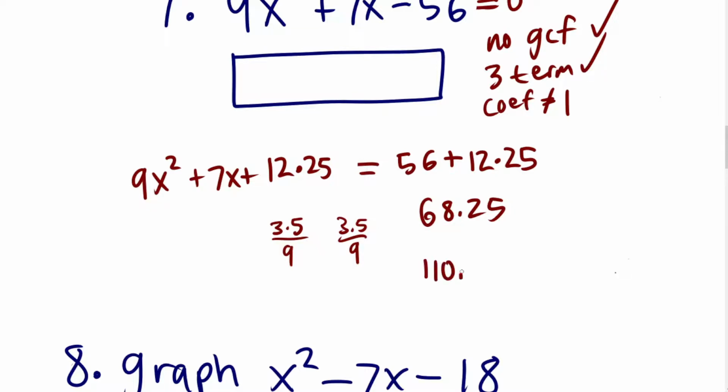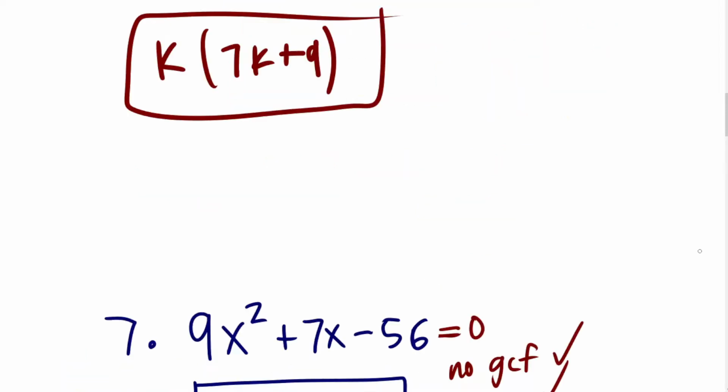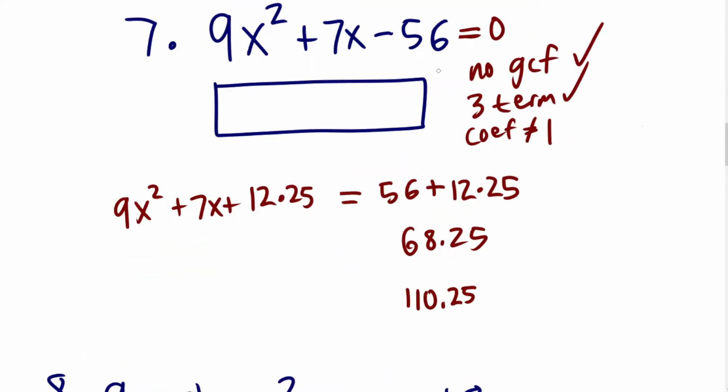You'll have 110.25, and wait a second, I'm realizing now that when you are completing this square, what you actually need is the coefficient of your leading term to be 1. So let me come up with a quick other example. We'll use the quadratic formula for that equation, and I apologize for the mix-up.